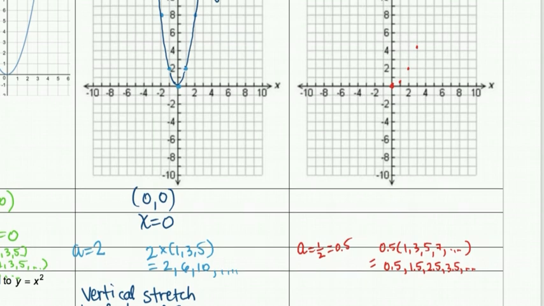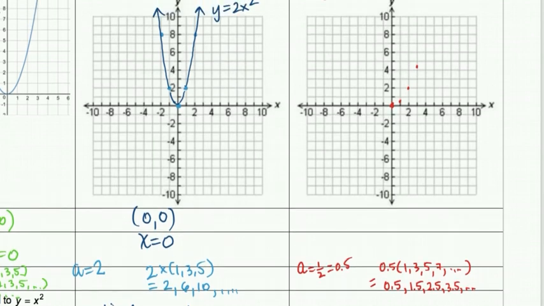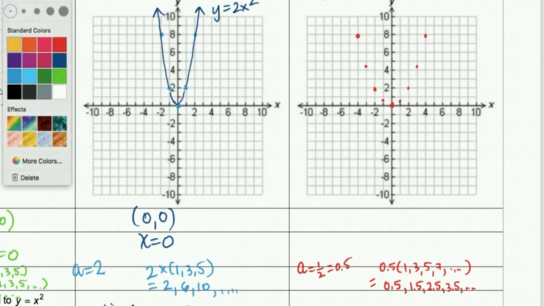Over 1, up 3.5. And do the same thing on the other side: up 1/2, over 1, up 1.5, over 1, 2.5, over 1, 3.5. Okay, and connect them up.